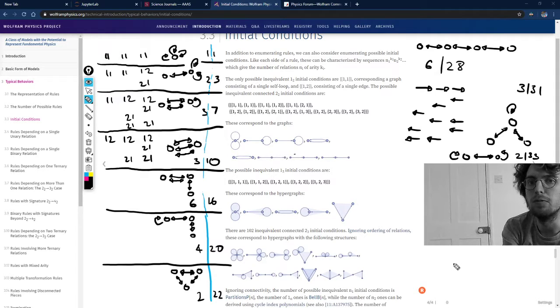So if we have 3 loops, we have 1 option.